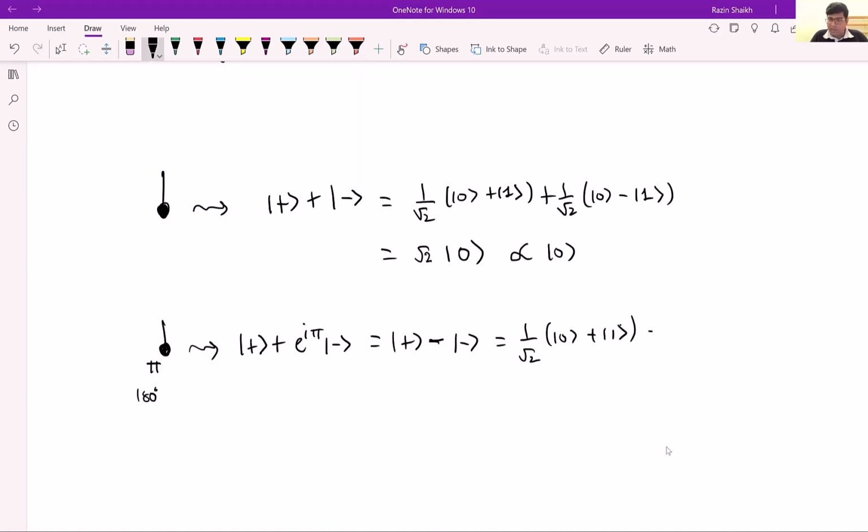Now here you will have a minus sign, and that's equal to square root of 2 times ket 1, which is proportional to ket 1. So using these X spiders, we can actually represent these basis states, which is quite interesting.